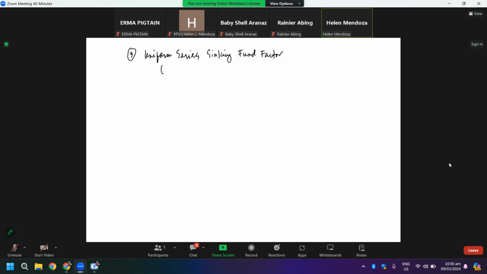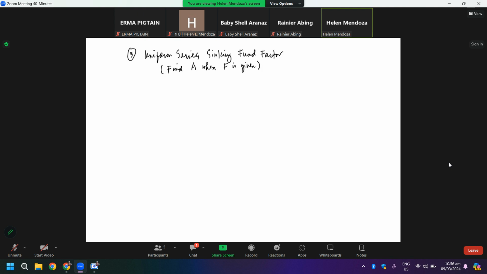This we use if we try to find A when F is given. So it is like you ask the question, if I am to save money now for a specific period of time because I would like to accumulate, for instance, 1 million in several years.